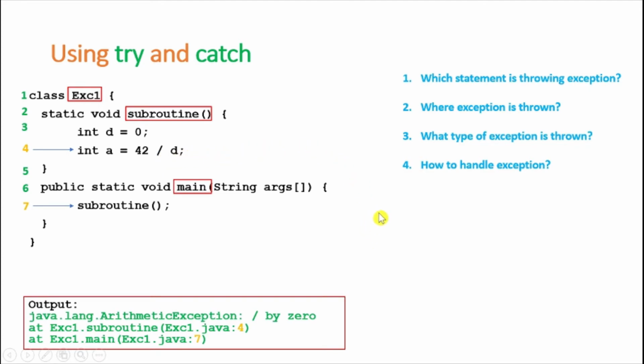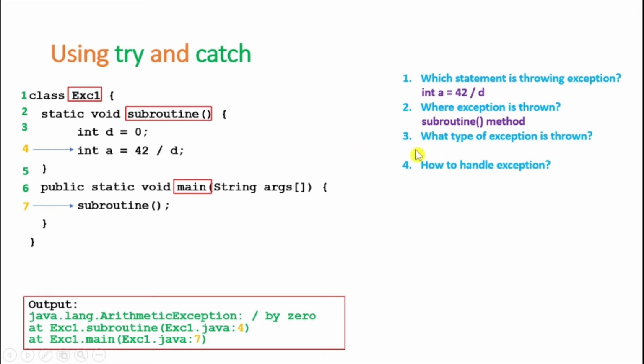Now, let me answer the questions. Question number 1. Which statement is throwing exception? The statement int a equal to 42 divided by d is throwing exception. Question number 2. Where exception is thrown? It is thrown inside the subroutine method, since the statement int a equal to 42 divided by d, which is throwing exception, is present in subroutine method.